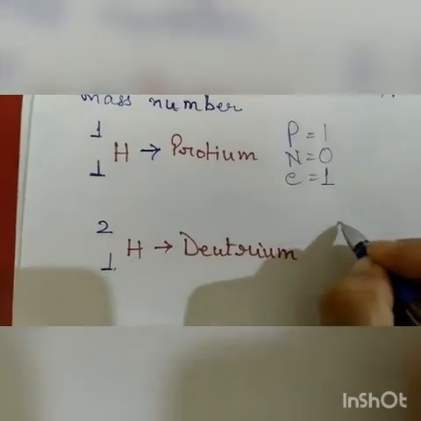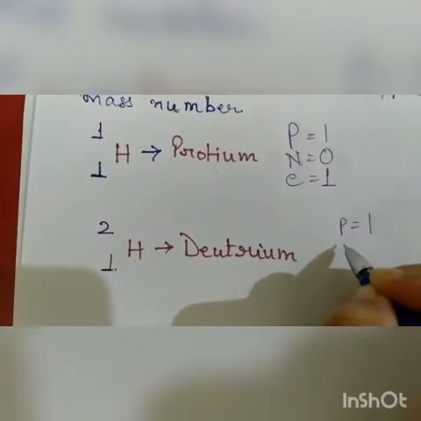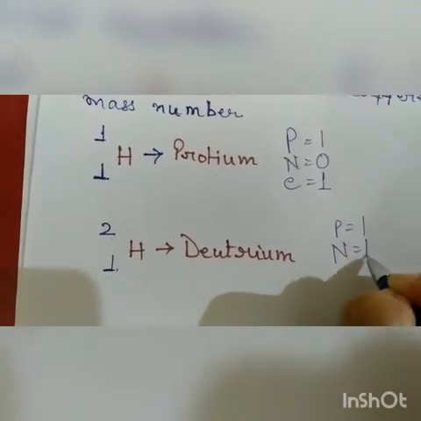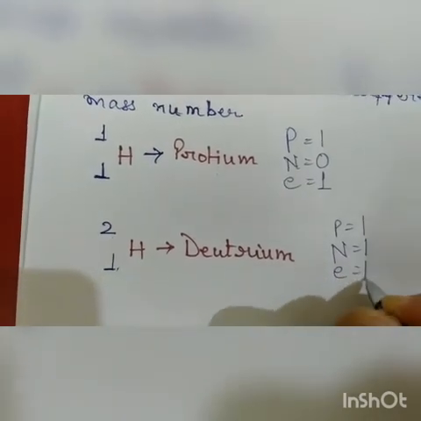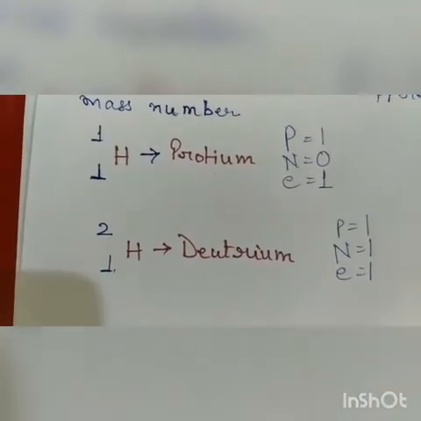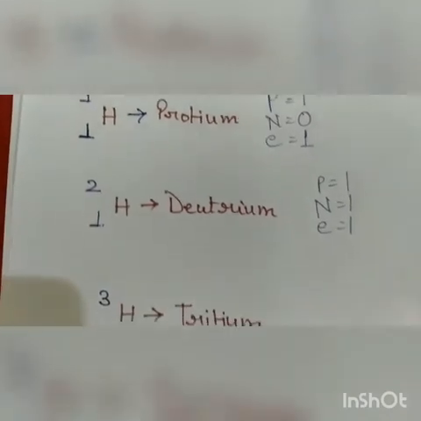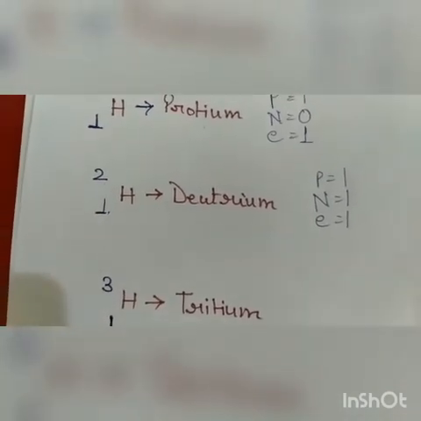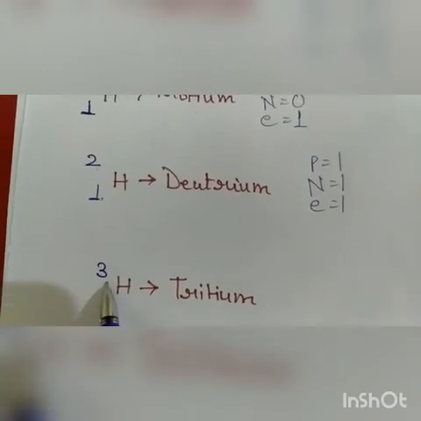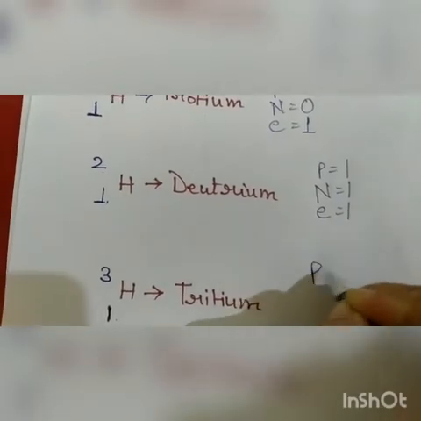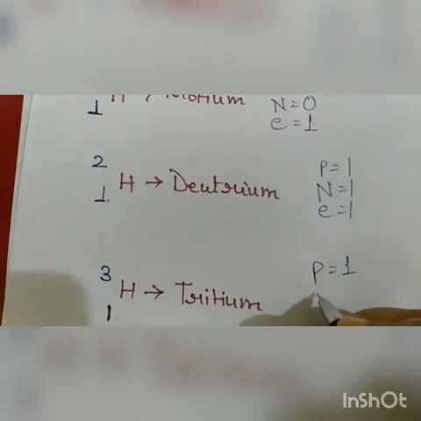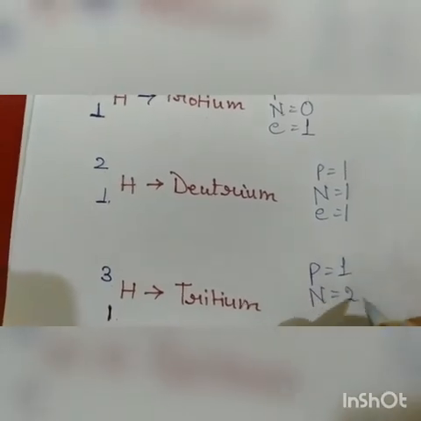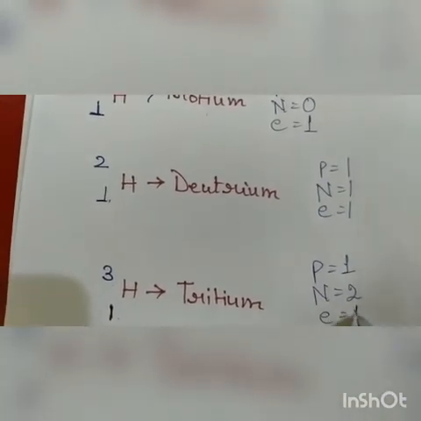Here proton 1, neutron also 1, and electron 1. The third isotope is tritium. Atomic number is 1, mass number is 3. So here protons 1, neutrons 2, and electrons 1.